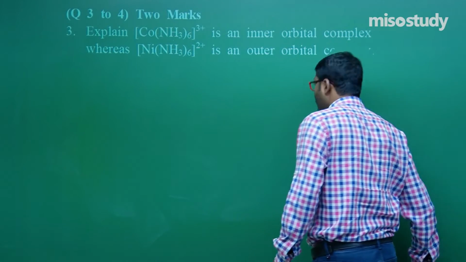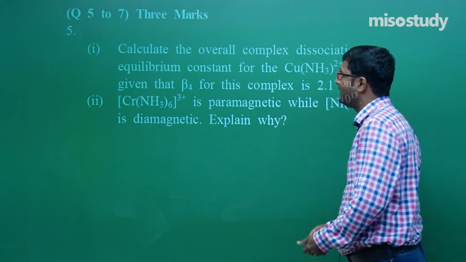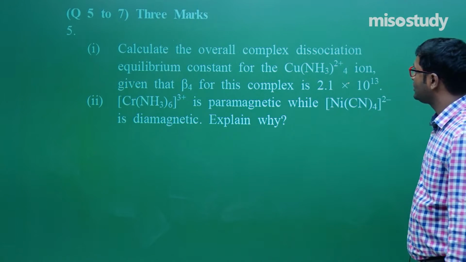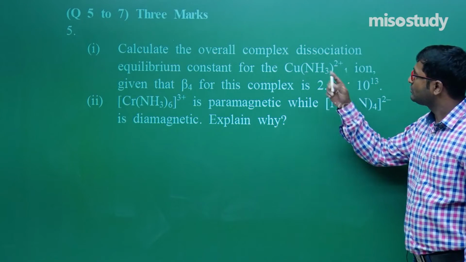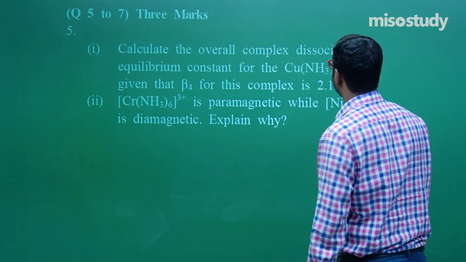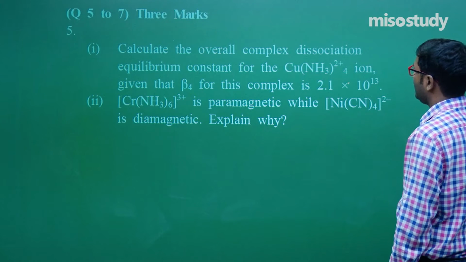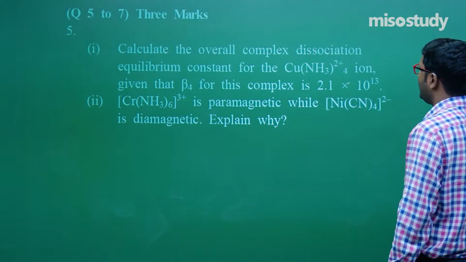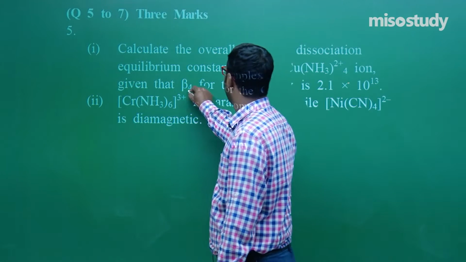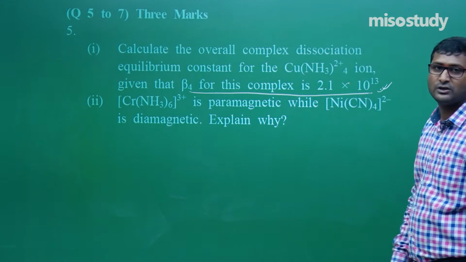Now let us move to the next question, question number 4. Read the question carefully. 3 marks question. Calculate the overall dissociation equilibrium constant for the [Cu(NH3)4] complex, given that β4 for this complex is 2.1 into 10 to the power 13.